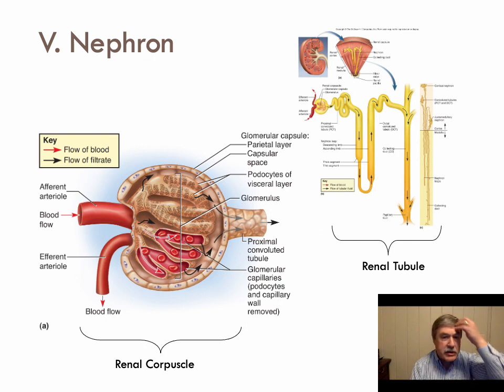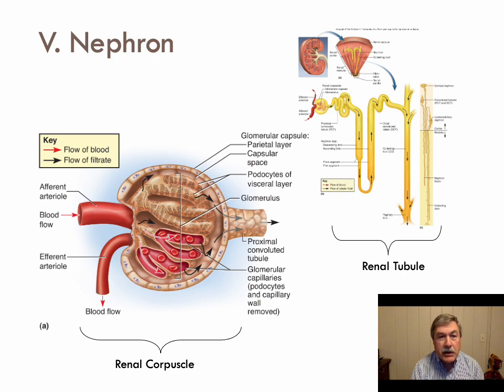And then from there it goes into the tubular portion of the nephron. The glomerular capsule has an outer layer made up of squamous cells that's called the parietal layer. Then there's a hollow portion, and then there's a deeper layer that's called the visceral layer.